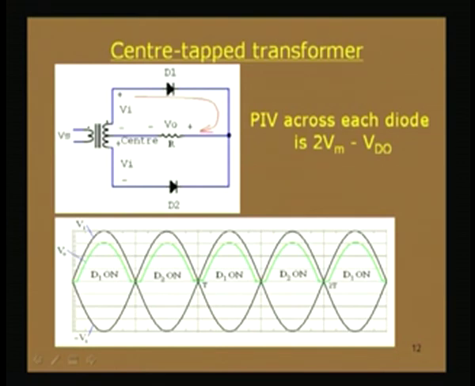But the current through the resistance, in both cases, will be in the same direction. So the polarity of the voltage we get across this resistance will be the same.